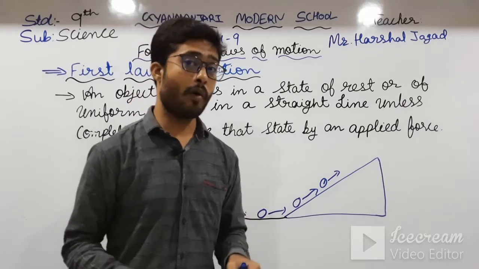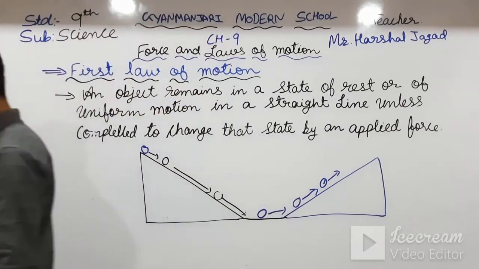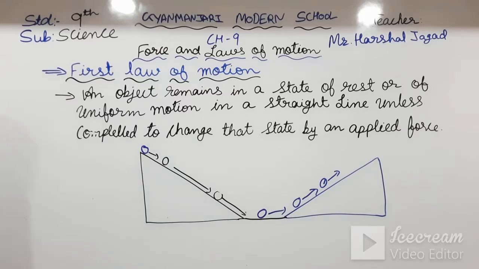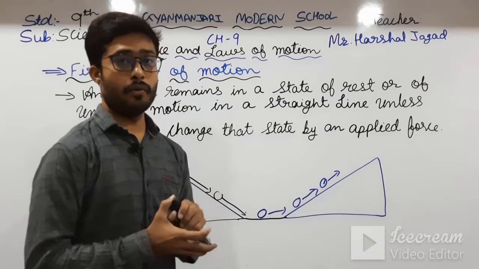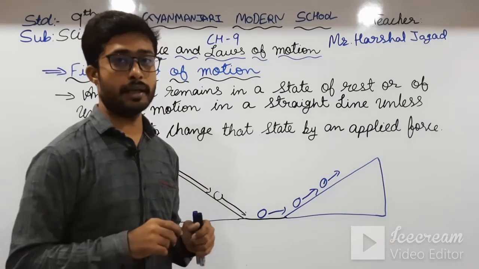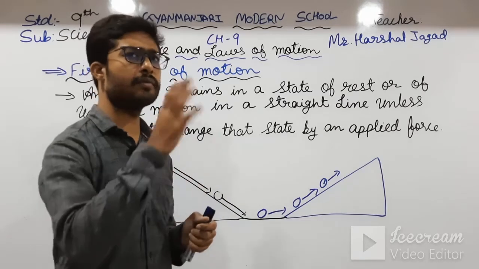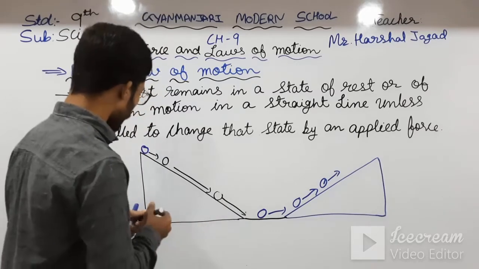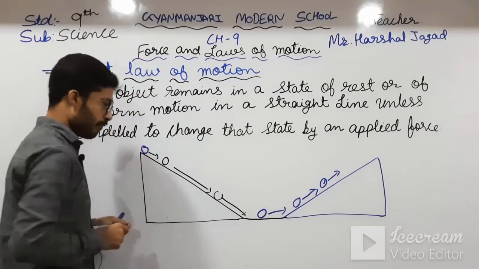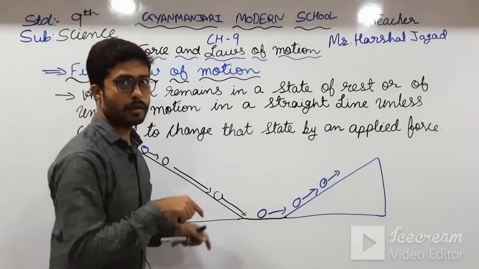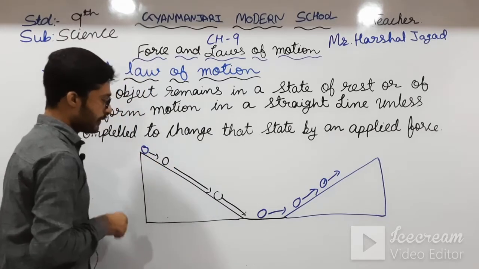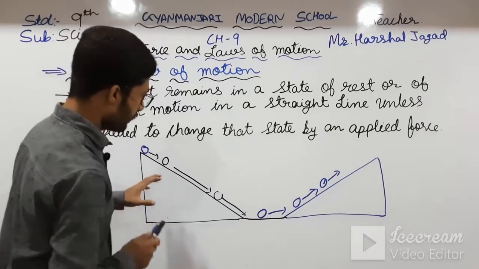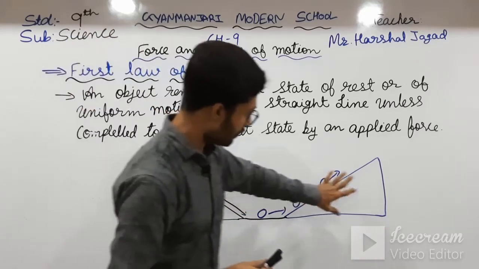Okay, students, what does Galileo tell? Let us see, if there is no external force on it, or if there is some external force on it, what will happen? I put a marble. No, Galileo has put a marble. I haven't put. Okay, students, Galileo has put a marble, and I think this both height is not same.